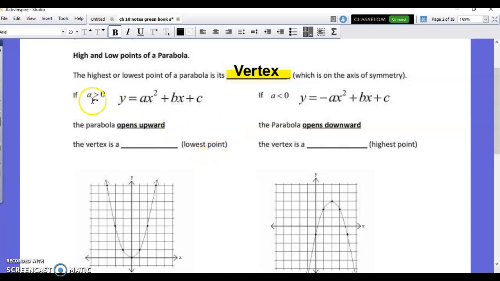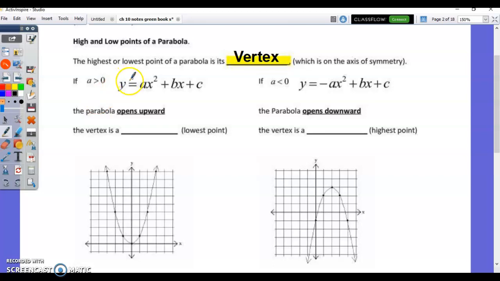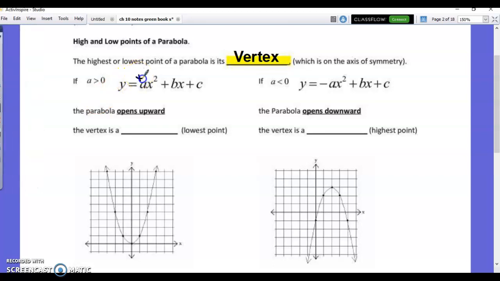Now, when you look at the notes right here, it says when a is greater than 0, meaning this part, when our a is positive, it opens upwards, so it's going like this. If a is less than 0, meaning it's negative, it's going to open downward this way.